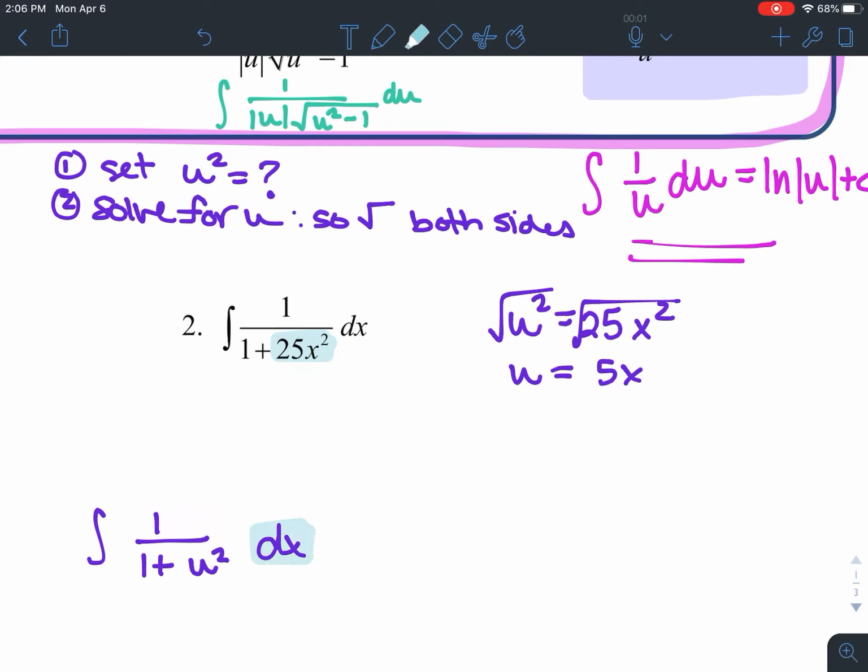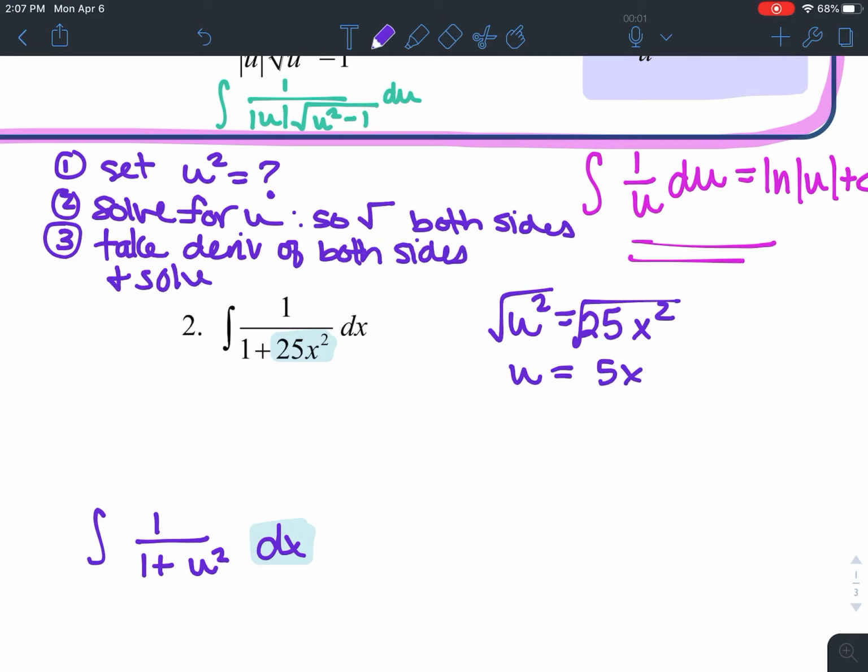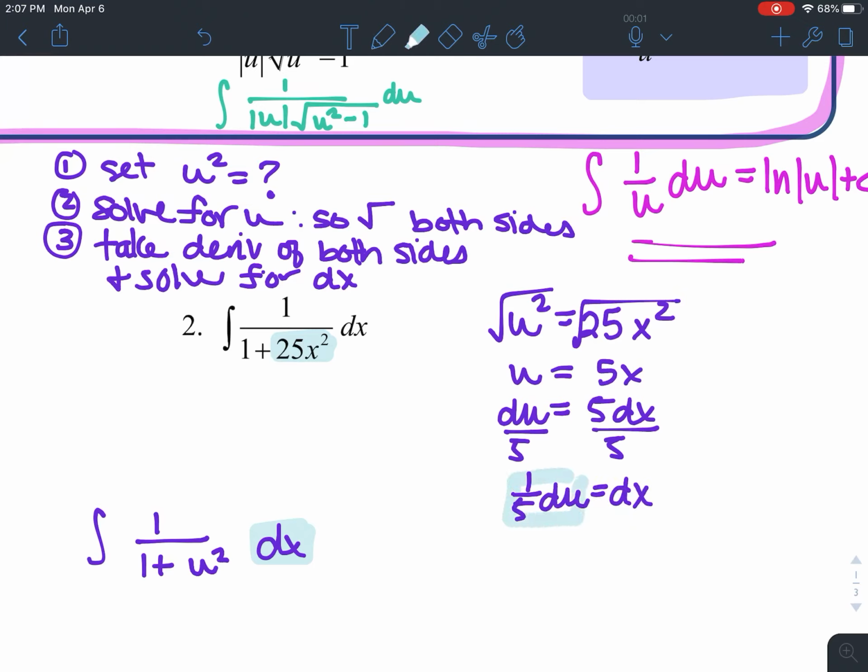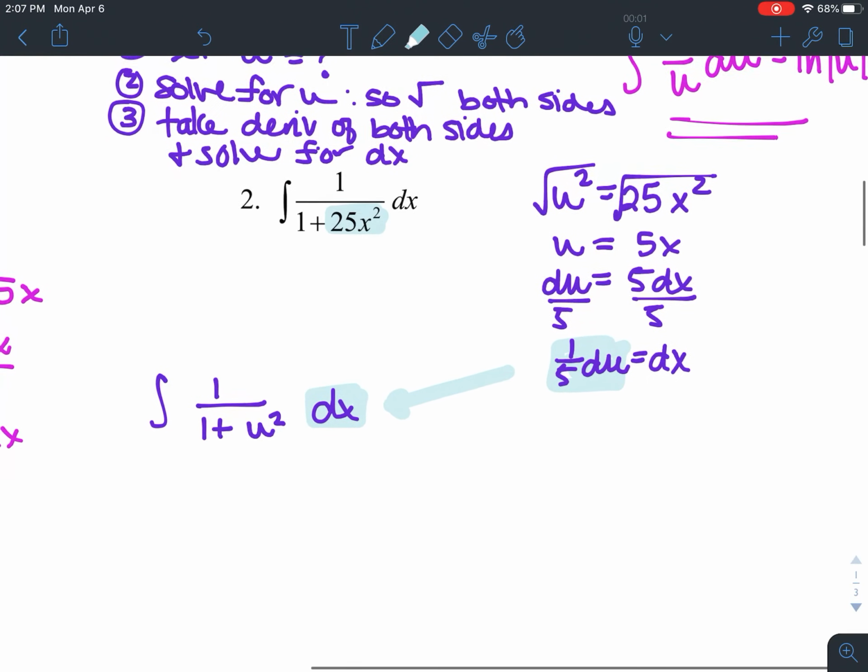I need to get rid of that dx. So I have to take step 3 like we've been doing. Take the derivative of both sides and solve for dx. So du equals 5 dx, divide by 5. 1/5 du equals dx.